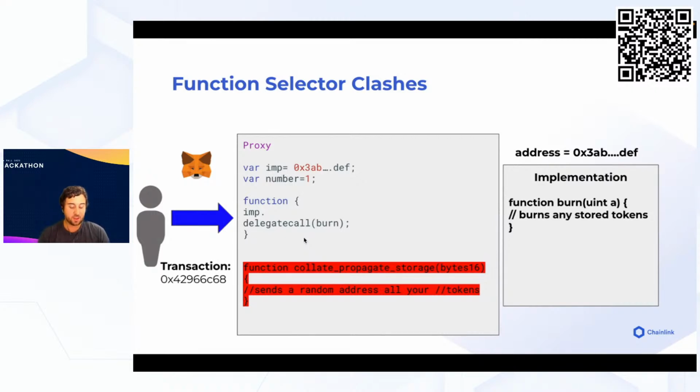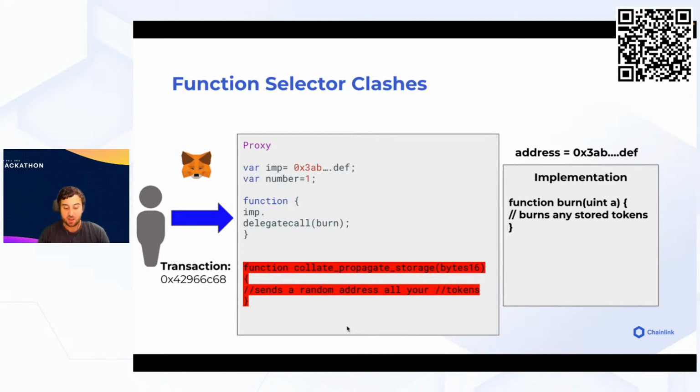And in this case, the user thinks, hey, I'm going to pass in this function selector, and I'm hoping that the fallback is going to run, and it's going to borrow burn because it's going to forward this function selector, and I'm going to call burn, and it's going to do some action on my smart contract.